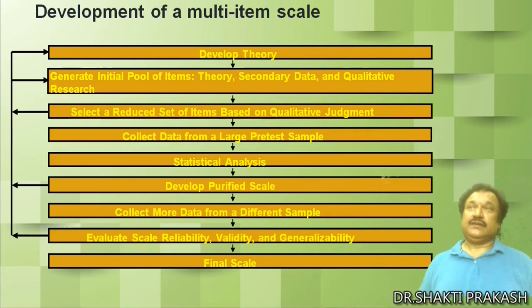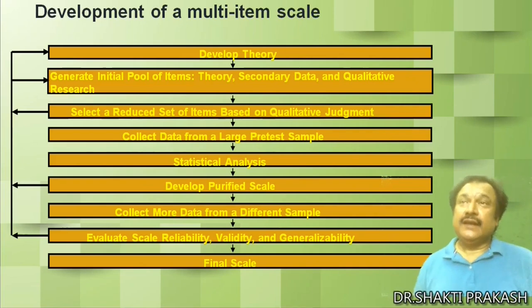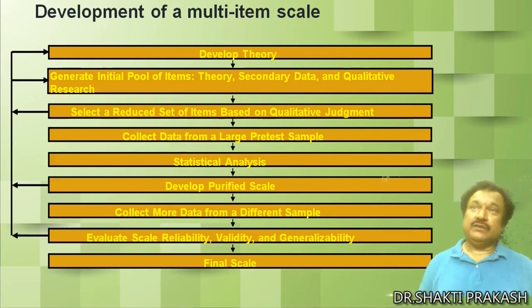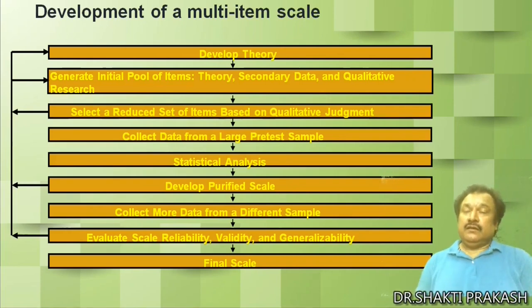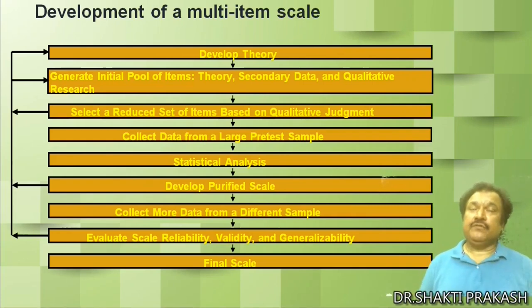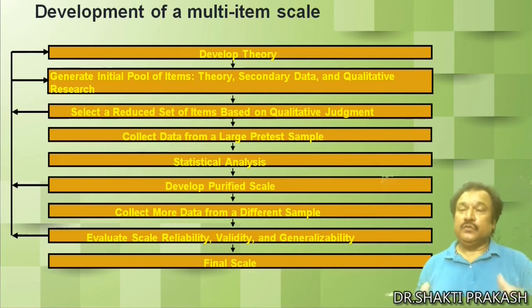Like if you are going to compare the services of private banks with government banks, you will go for the review of literature, collect data from secondary sources, and generate the initial pool of items. Third, select a reduced set of items based on qualitative judgment.